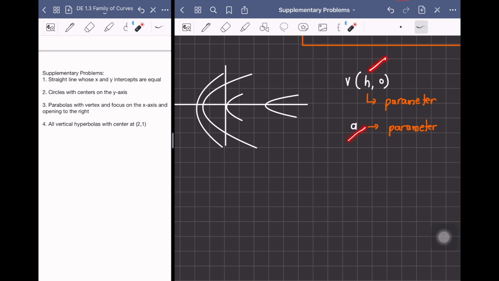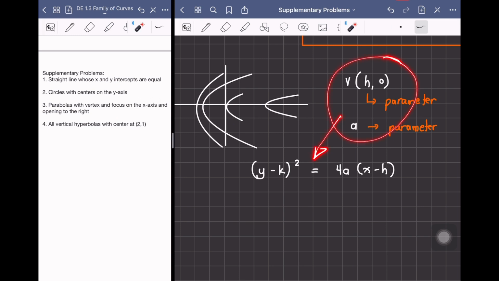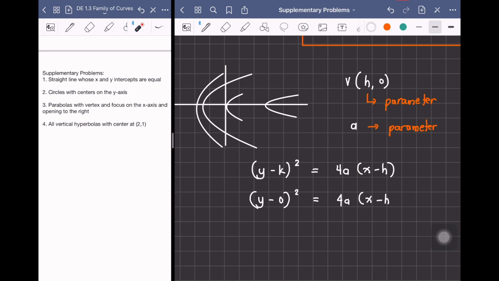That's h and a. Since this is opening to the right, we will be using the standard form y minus k squared equal to positive 4a times x minus h. So substituting these values here, we have y minus 0 squared equal to 4a times x minus h.